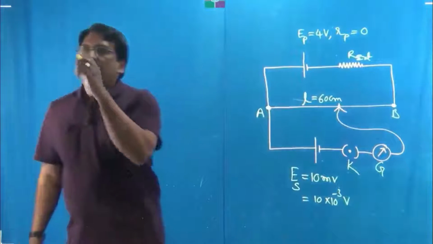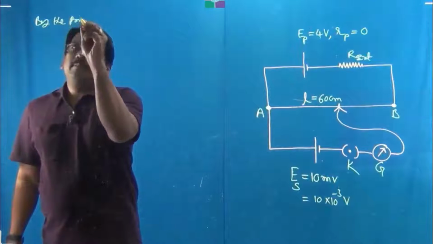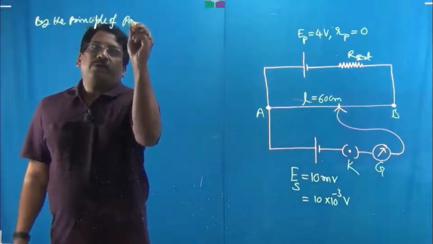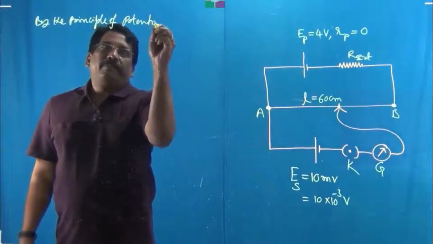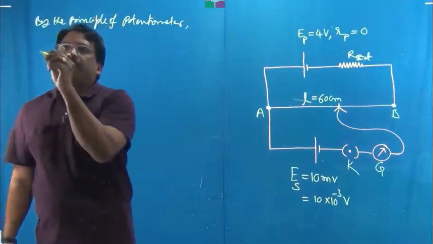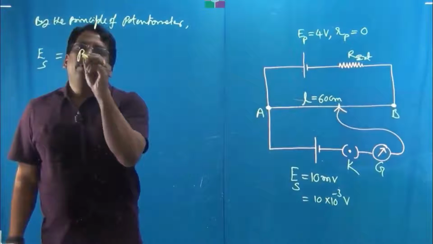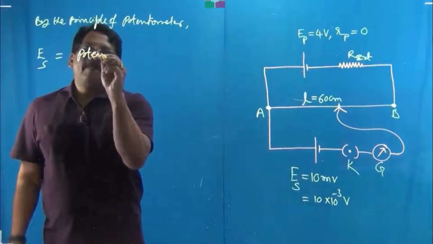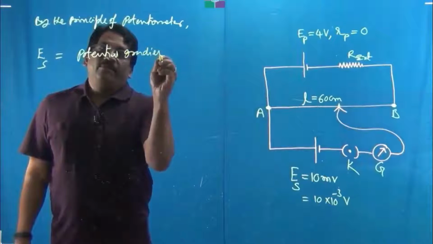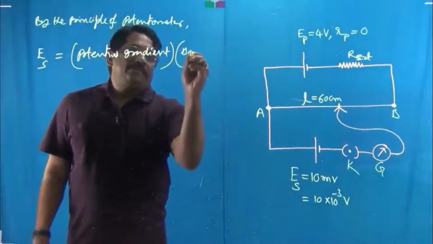Here, by the principle of potentiometer, we know that the EMF in the secondary circuit is equal to the potential gradient along the length of the wire into the balancing length.